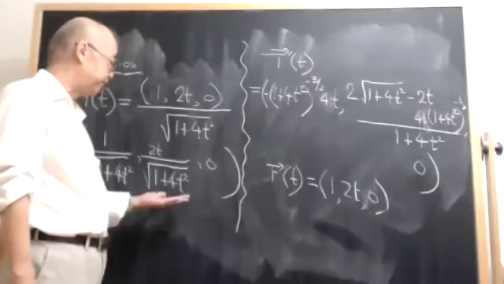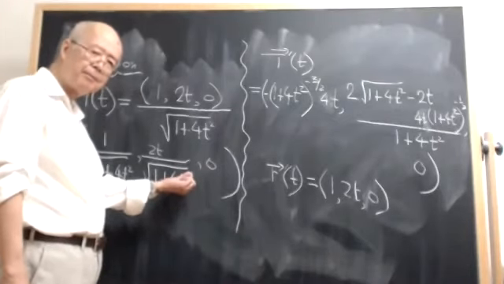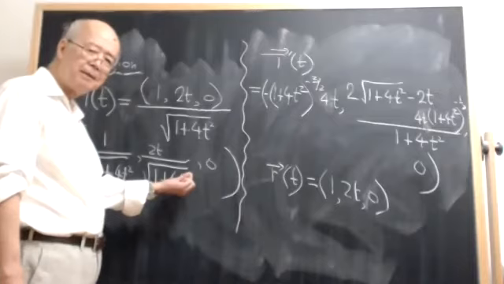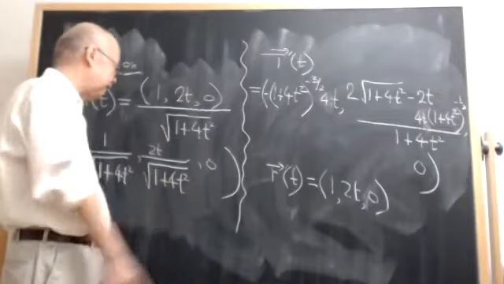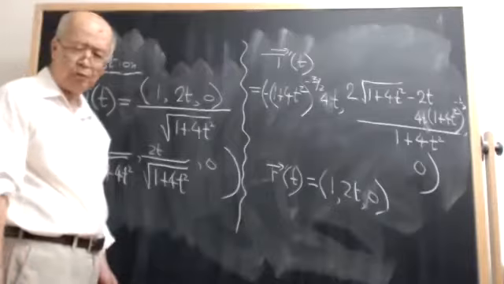You get 1/2 times 1 plus 4t squared to the power of -1/2. I'm not bringing this up there. The denominator is this. It's 1/2 minus 1.